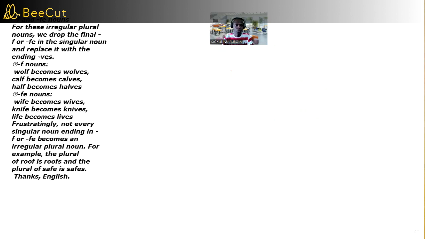For example, of the F nouns, wolf becomes wolves, calf becomes calves, half becomes halves. And we also have the FE nouns. So wife becomes wives, knife becomes knives, life becomes lives. Frustratingly, not every singular noun ending in F or FE follows this.